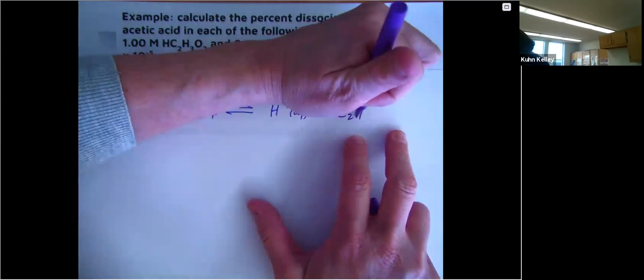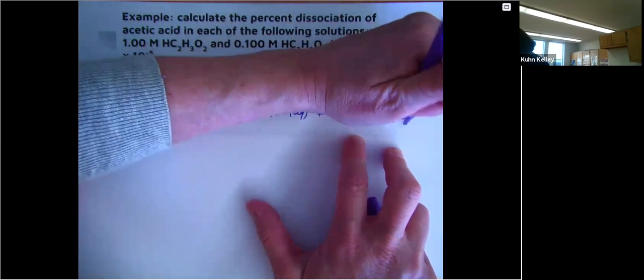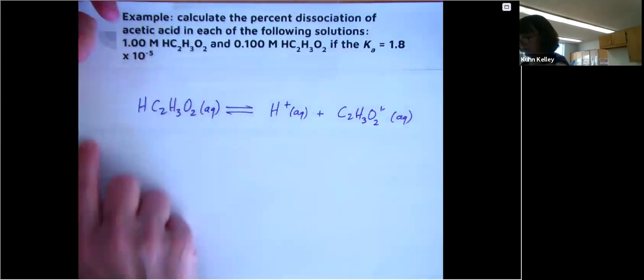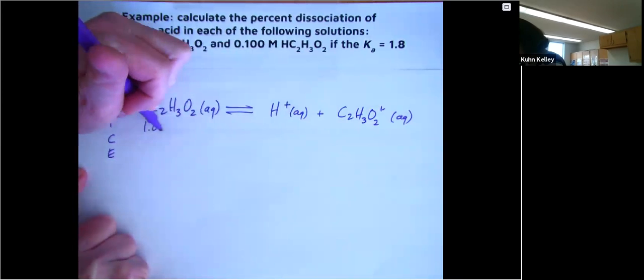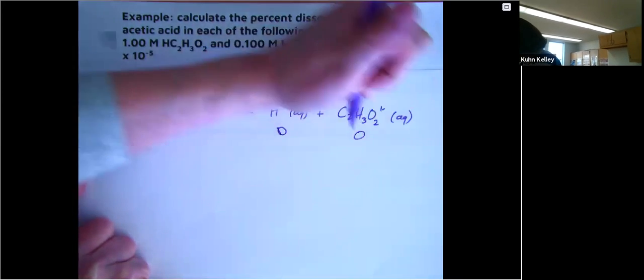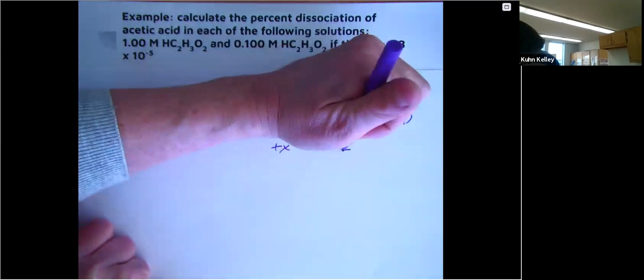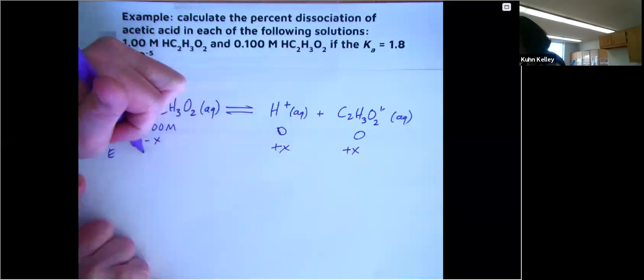This is acetic acid. For my first scenario, I've got 1 molar. These are going to gain X. This is going to lose X.